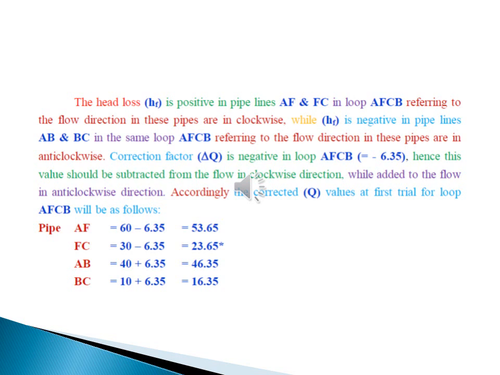Hence, this value should be subtracted from the flow in the clockwise direction, while added to the flow in the anticlockwise direction. Accordingly, the corrected Q values at the first trial for loop AFCP can be concluded as shown in front of you.